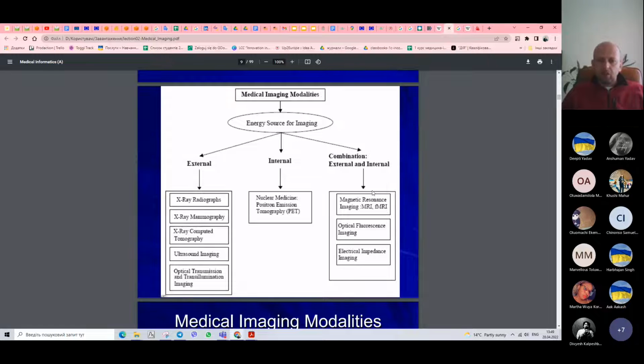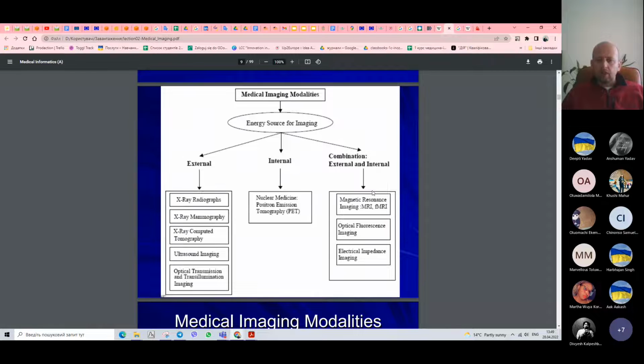Medical image modalities. They use an energy source for imaging, and we can classify them by direction: external, internal, and a combination of external and internal.